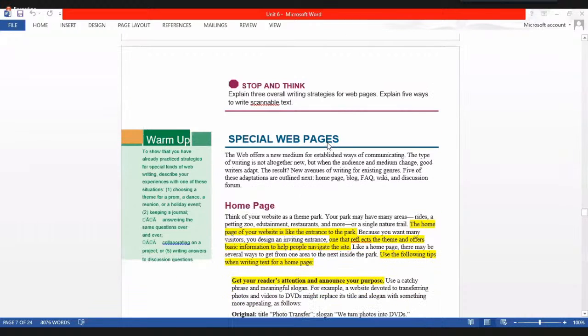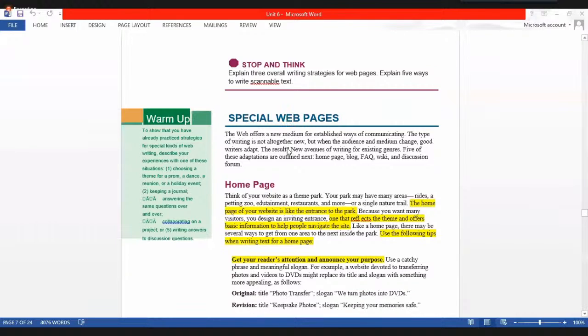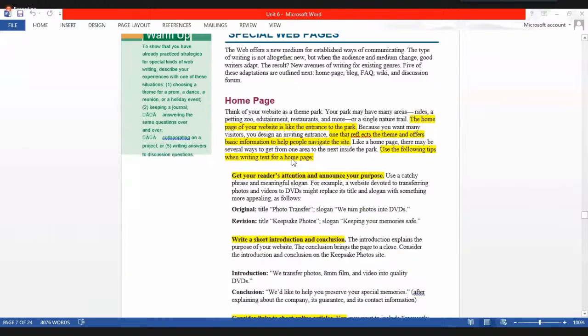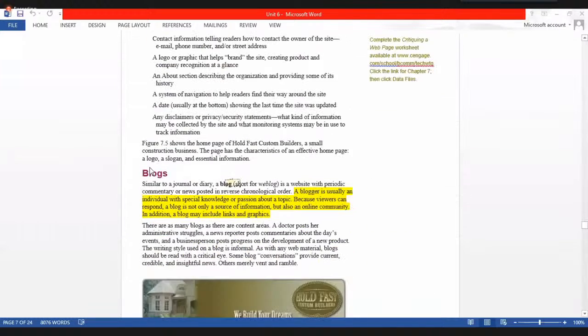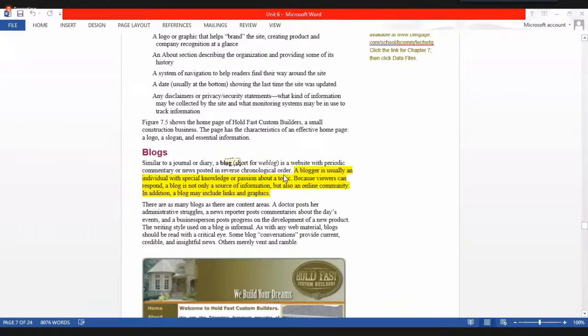Okay, then you have special web pages. There are some special web pages, right? I think I have highlighted, I'll send you, and you can read this yourself, right. Home page, all of you are familiar with the home page. Then you have blogs, isn't it? Updated information is there in blogs.